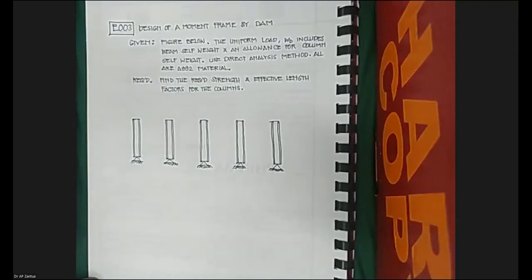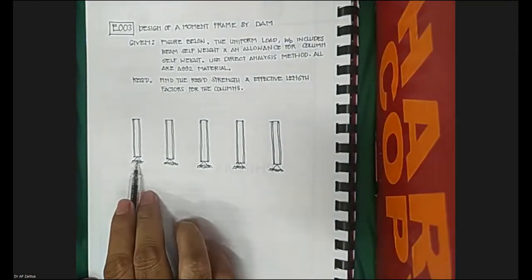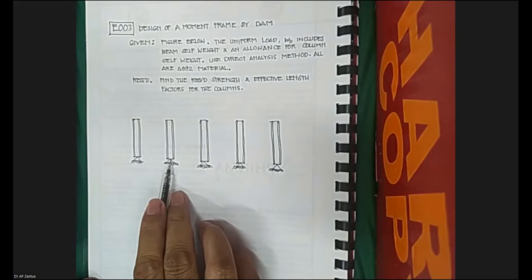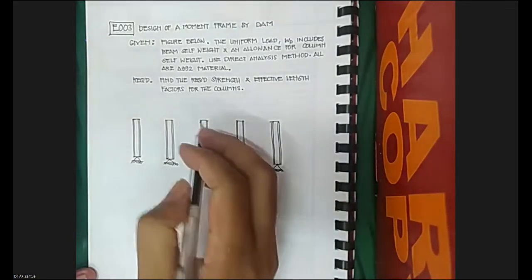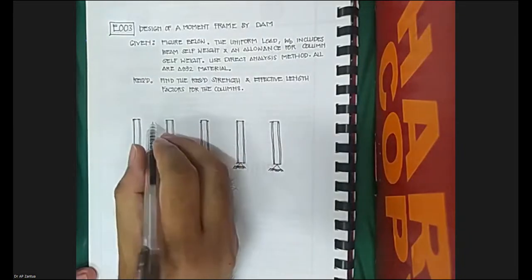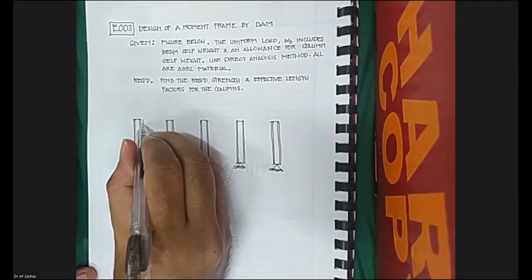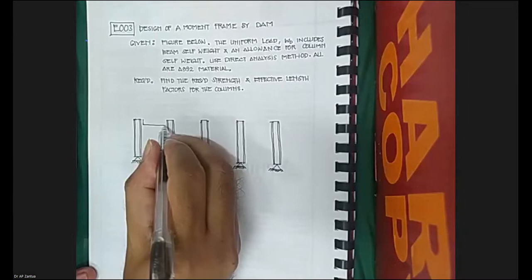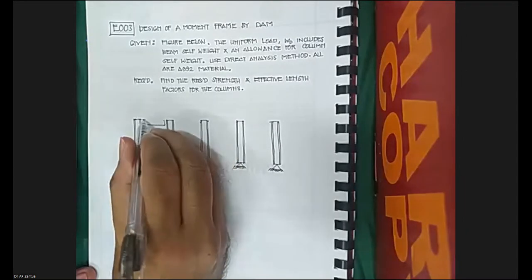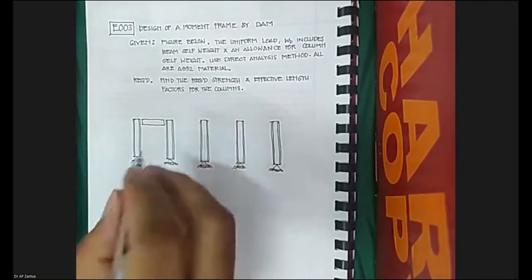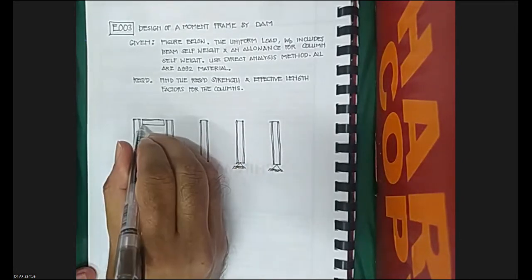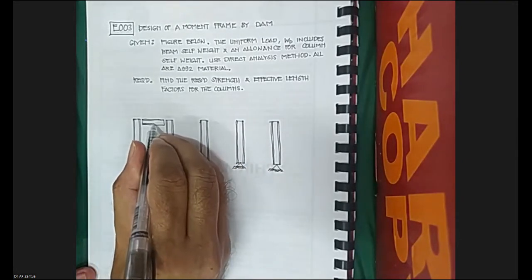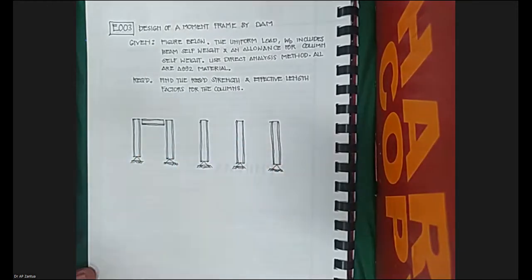So what you can see is pin connection, pin connection, pin connected at the bottom. We have the beam which is connecting the columns, and the beams are W type.